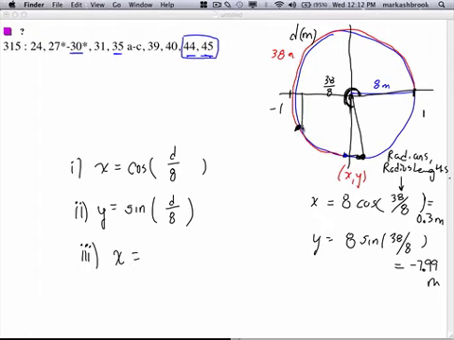Cosine of d over 8 will be this value right here, a number like negative 0.8 or negative 0.9. This is 8 meters from here to here. So whatever that value is times 8 will give us how many meters it is.